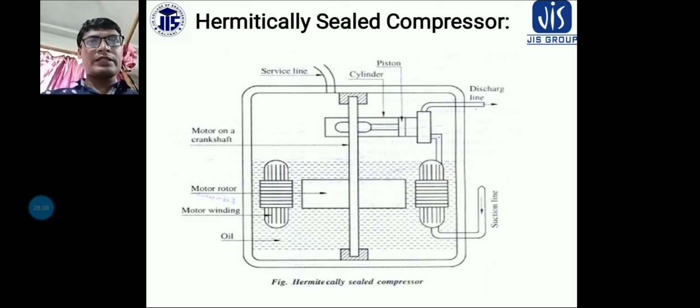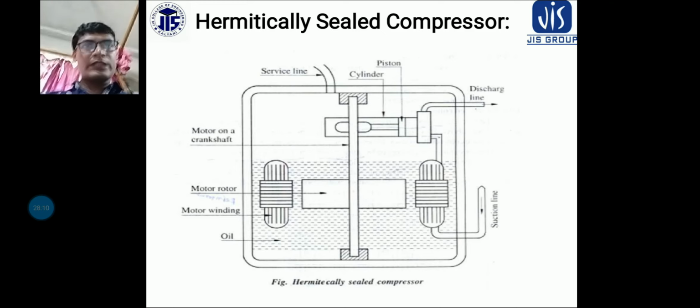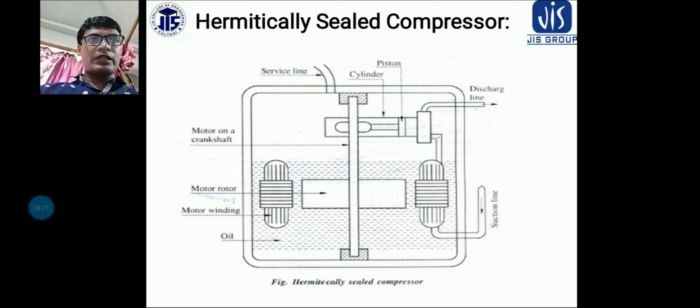In this case too, the compressor and motor are coupled together by a common shaft inside the welded steel dome. Here losses due to the drive package and shaft seal friction are eliminated.